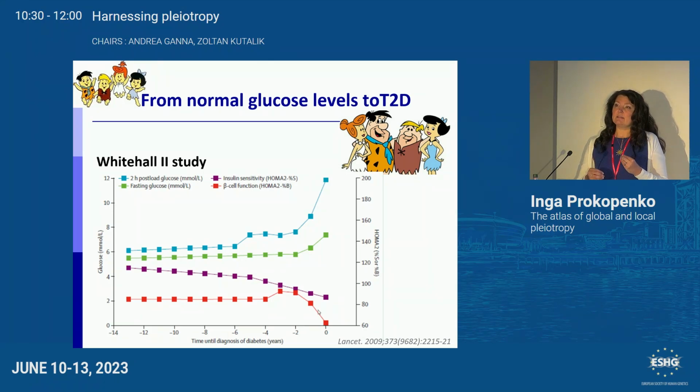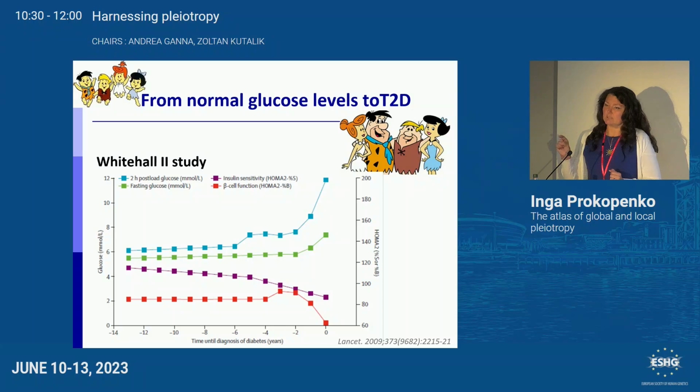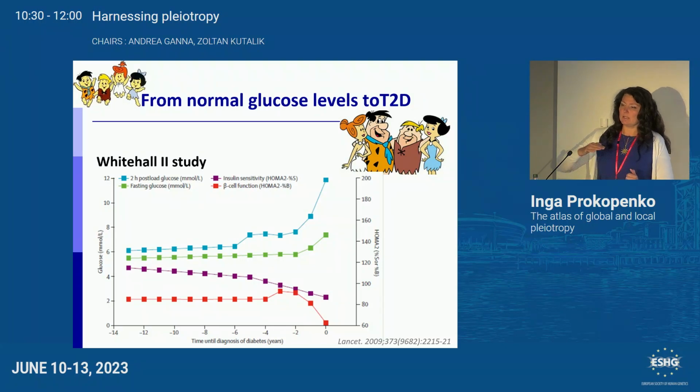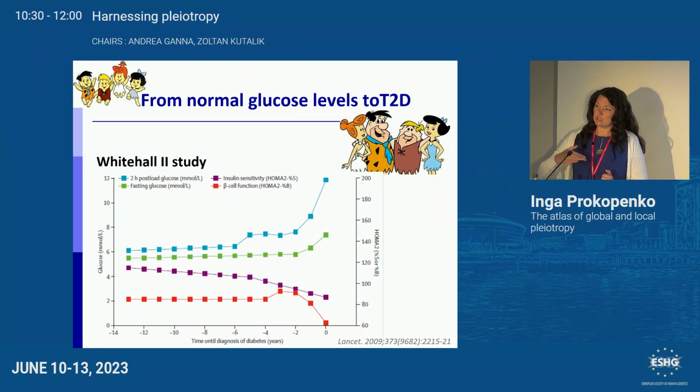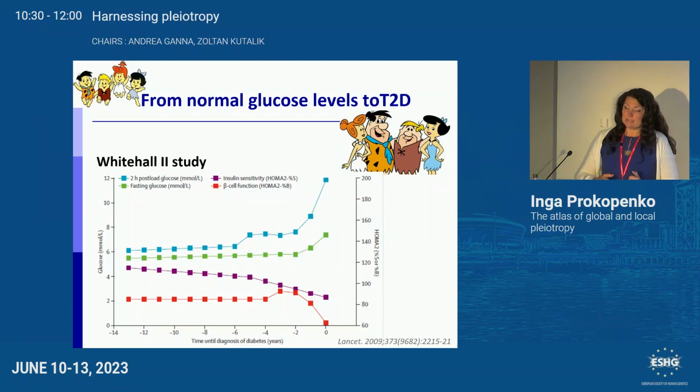It is very important for us to notice when there is this change and when the liability model can be applied, right? So there is a quantitative phenotype that changes in time, and then it leads to a disease. When we look at the fasting glucose at 0, when individuals develop diabetes, the change is visible pretty much only a year before the onset of the disease.